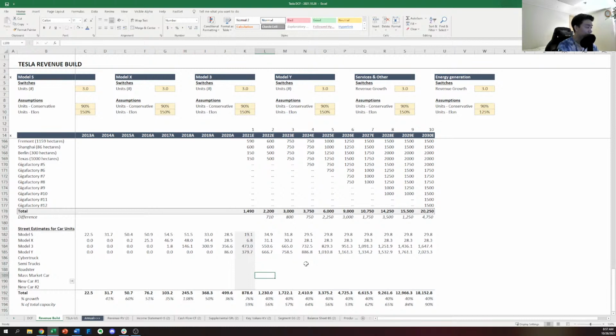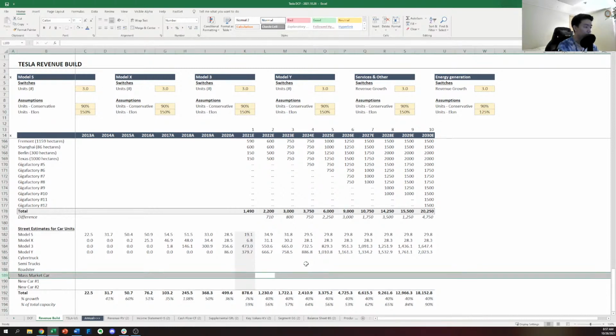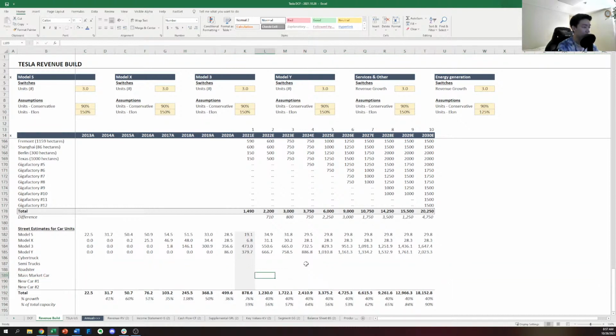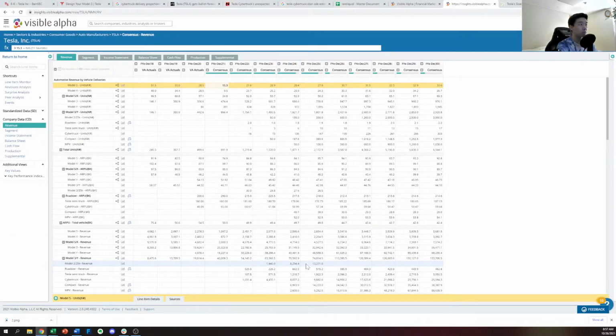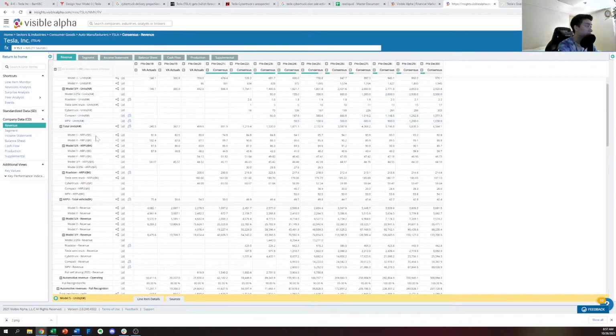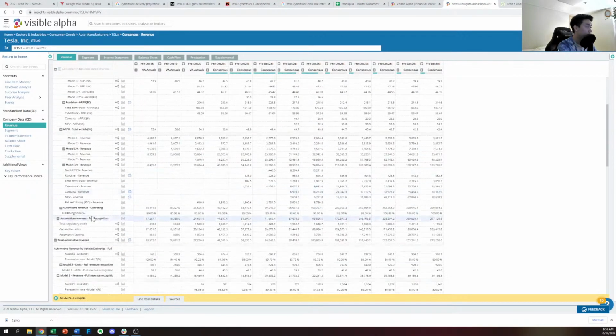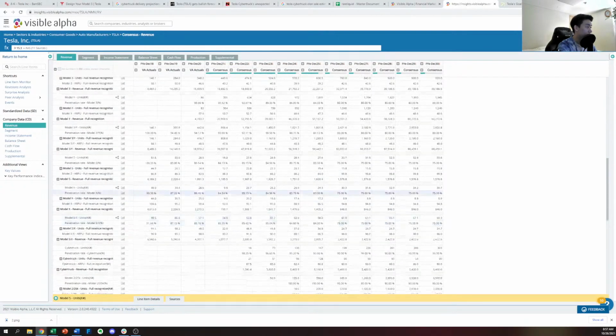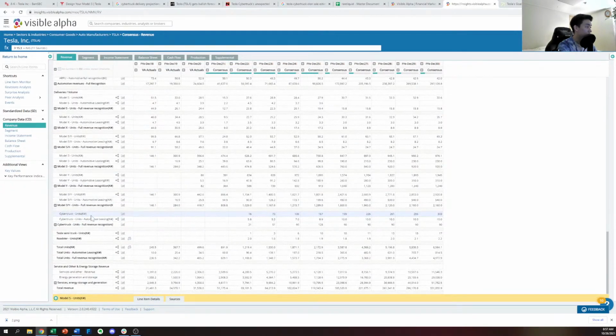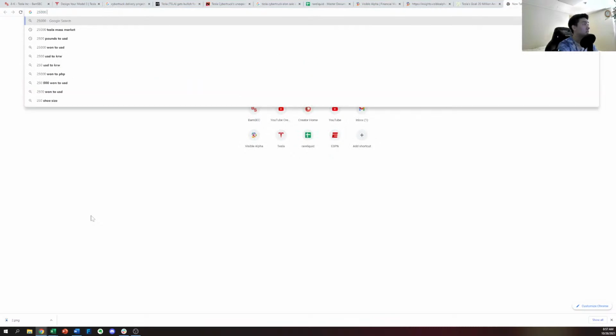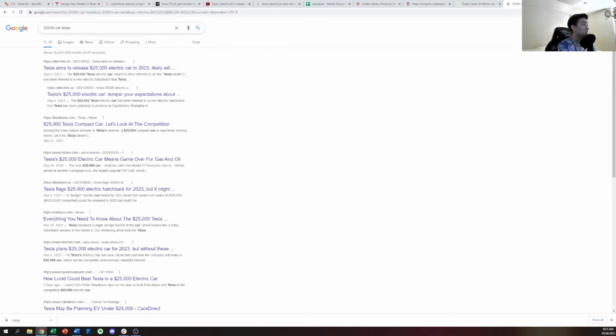And the thing is that I think the really large number of cars that are going to be sold is the mass market car, right? And that is supposed to come out, I think, 2023, 2024. Is this in here? Roadster. Nope, it's not. So, the $25,000 car. I forgot which year it's supposed to come out.